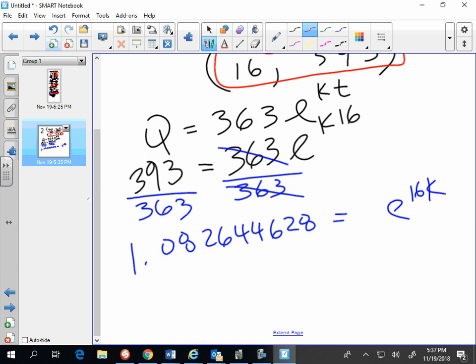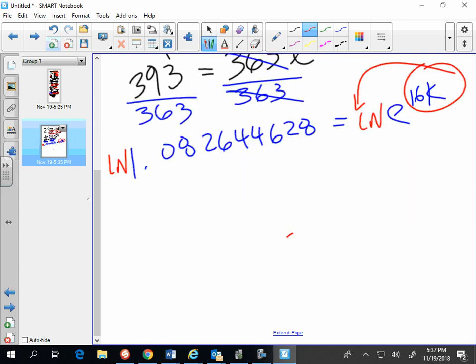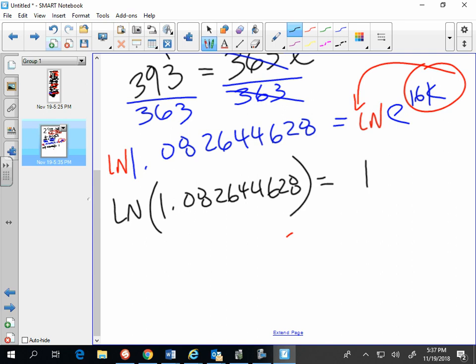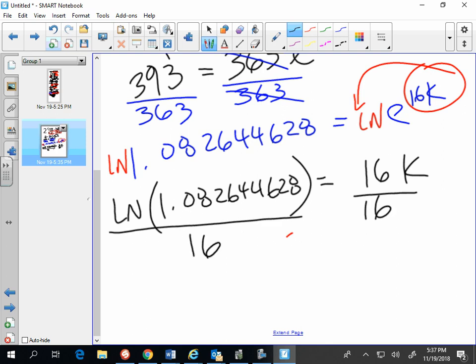Since I'm trying to find my rate, I'm going to take the ln of both sides so I can bring this exponent down. Then that will give me the ln of 1.082644628 equals 16k. And then I'll divide by 16 on both sides to get k by itself.